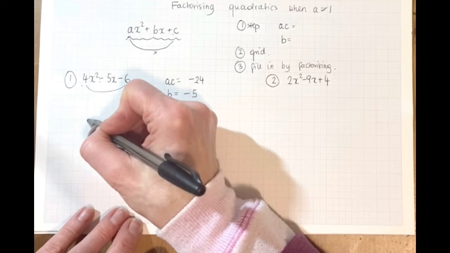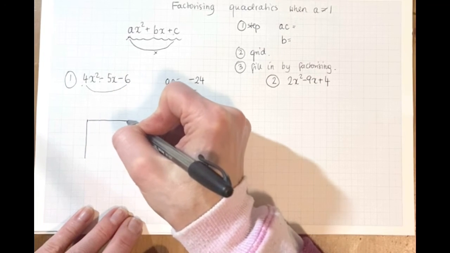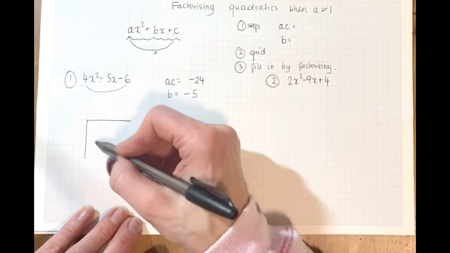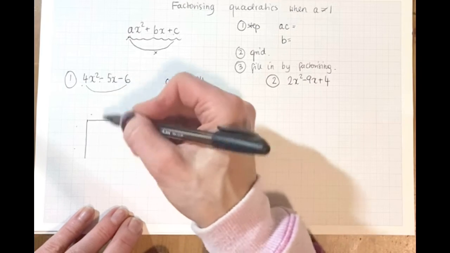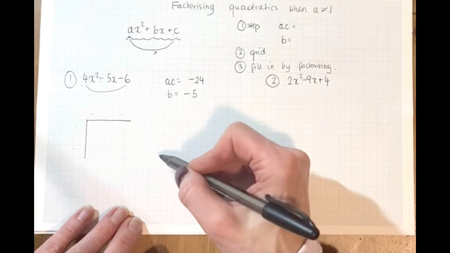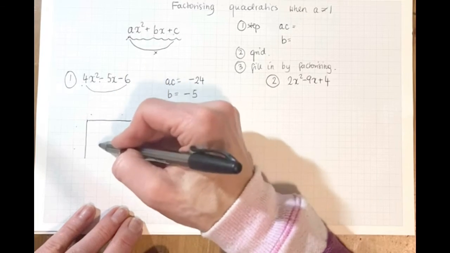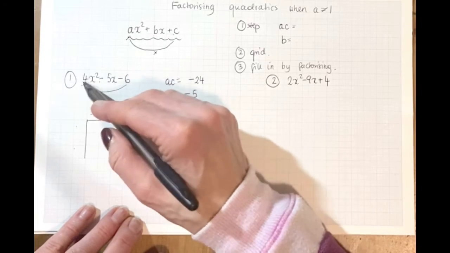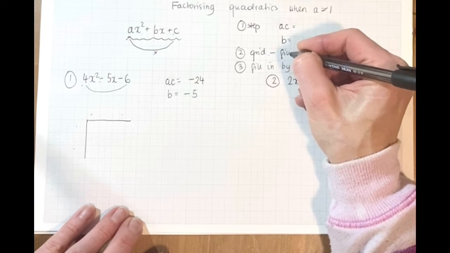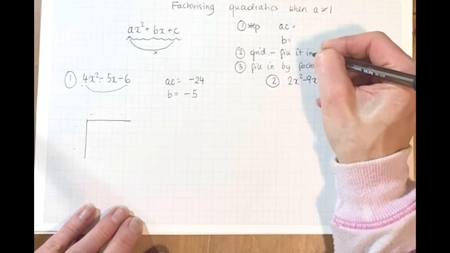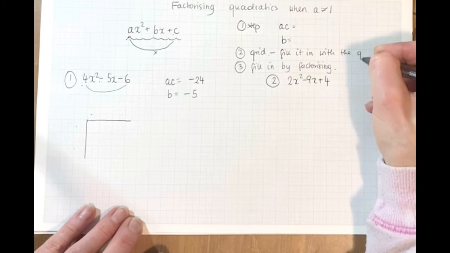The grid is going to look like the grid that you get when you're multiplying out two brackets, except we don't have those two brackets because we are undoing the process of multiplying out. So we're going to fill in the grid with our quadratic.